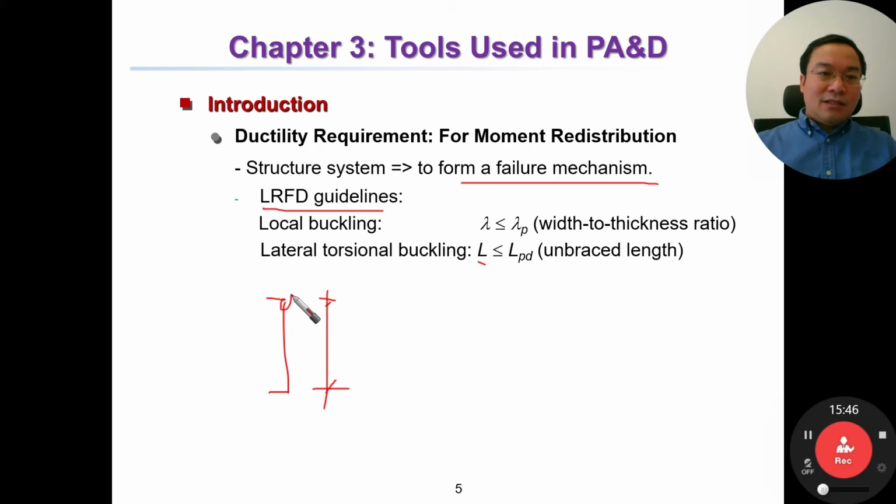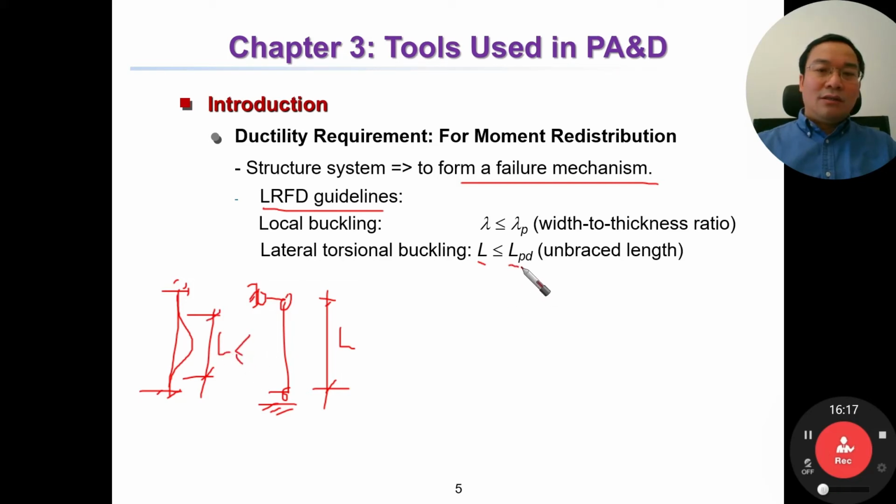It is a simple column, and this is its length. If the column has another boundary condition, then we have to determine the effective length. It is L, and this L should be smaller than Lpd.